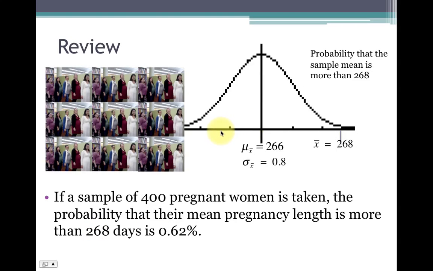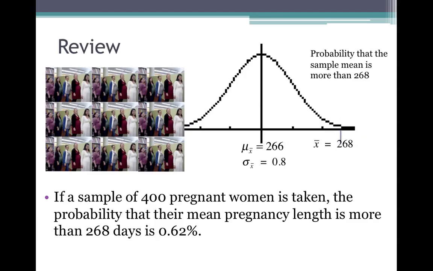More than likely, if we randomly select 400 women, their pregnancy length is going to be somewhere in the middle, not far off on the right or far off on the left. There's a chance that it's far off on the right or far off on the left, because the bell curve represents probabilities, and there is a chance that some fall in the far right tail and some fall in the far left tail. But it's a small probability.